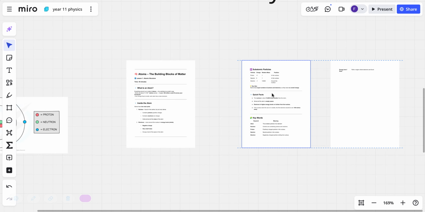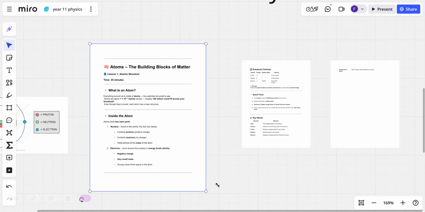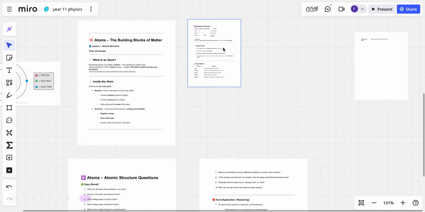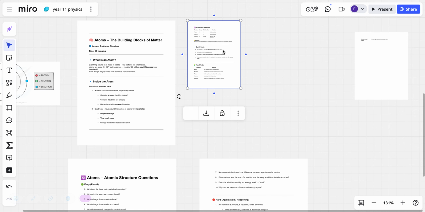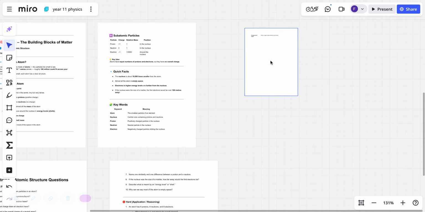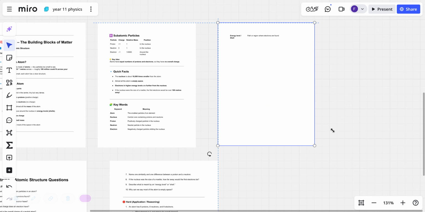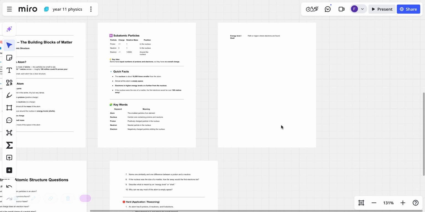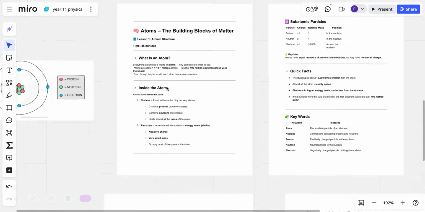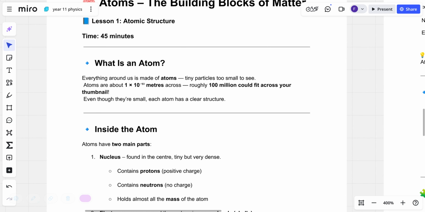Within chemistry I looked at the Avogadro constant, but in GCSE physics you don't do any calculations with Avogadro's constant. You do it at A level. It's more of an idea of how small atoms are and what their structure is, which you know, but we're going to go through it again.